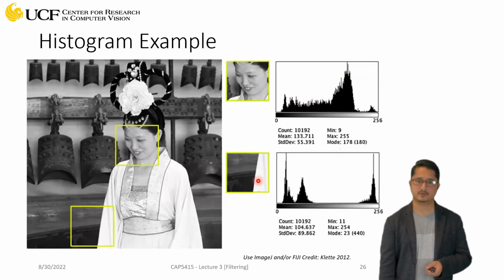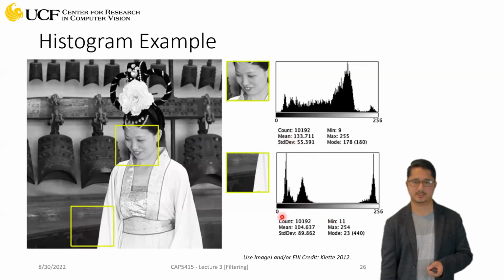In contrast, if you look at this patch, even without looking at the histogram, you can say that either most of the pixels are completely white, or most of them are very dark. And the histogram clearly shows you that. All these pixels are close to white, corresponding to this white patch here, and you can see that nothing is gray.